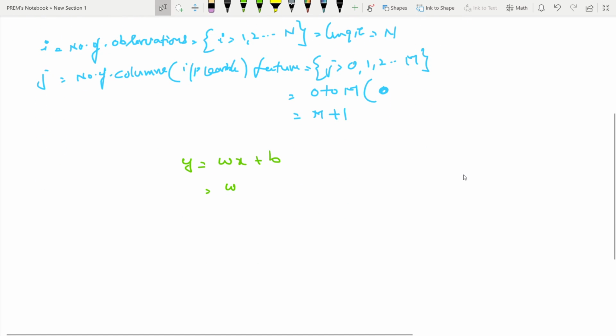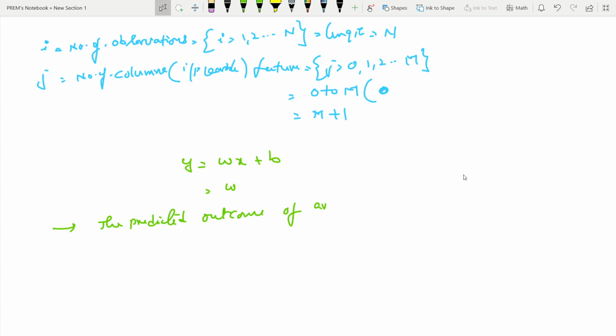So here the predicted outcome of any data point i, you can write like this: yi hat equals sigma j equal to 0 to m, wj multiplied with xij.